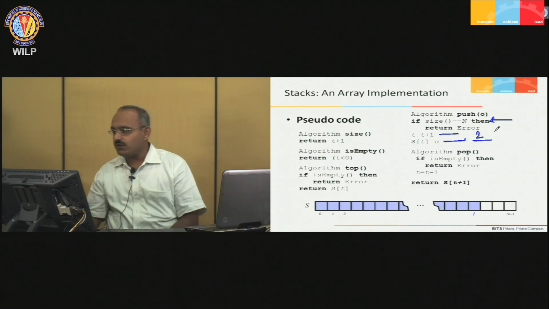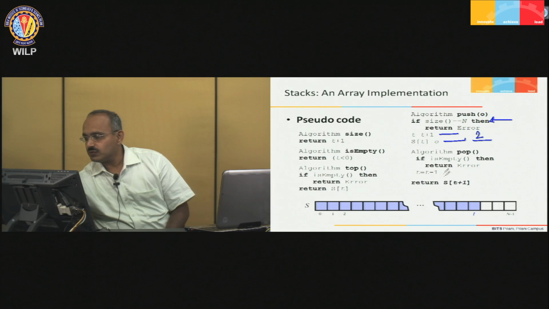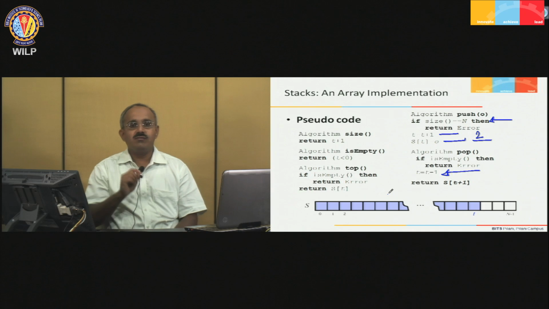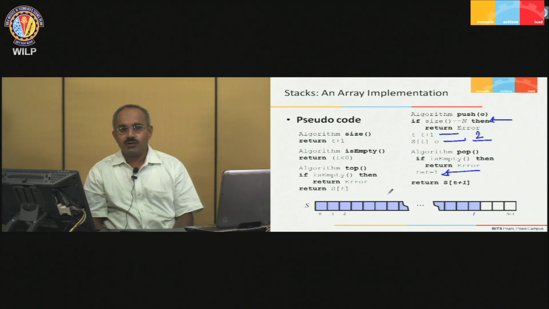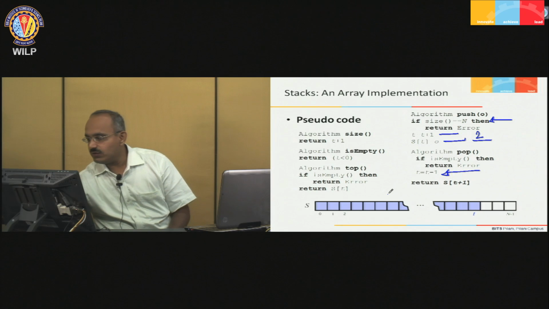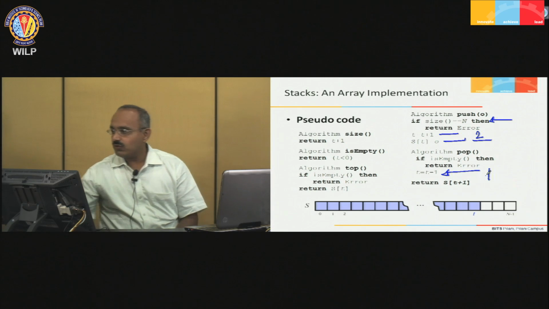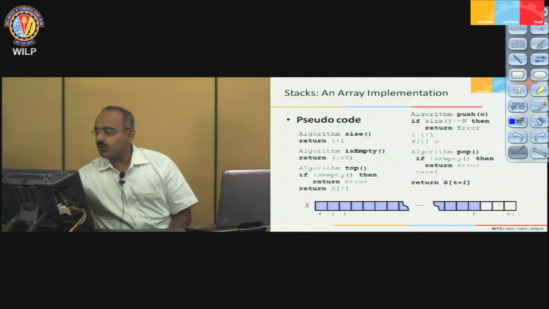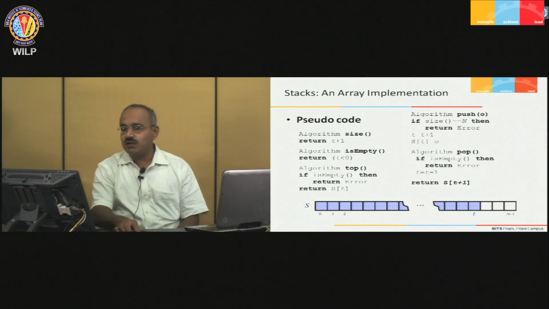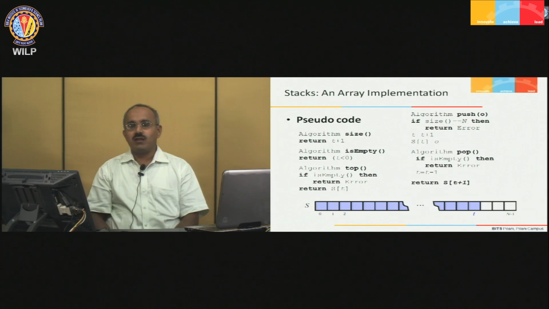Exactly the same argument holds for the pop operation. You simply update the pointer to t minus 1, and that's all. So there is only one basic step that you perform, decrementing the pointer. If you look at these operations, the number of steps that you require to perform them is completely independent of the size of your array.